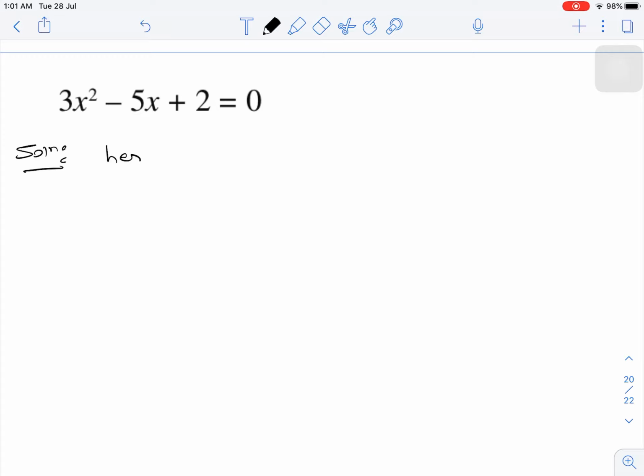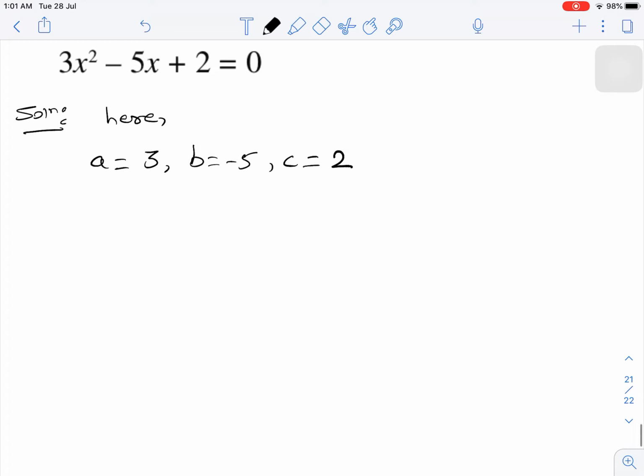Solution: now we have to decide the values of a, b and c. a equals the coefficient of x square, so a equals 3, then b equals minus 5 and c equals the constant term, that is 2.